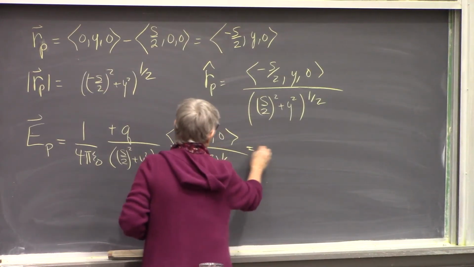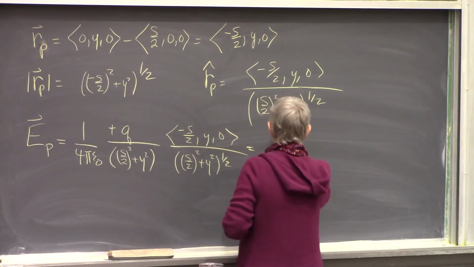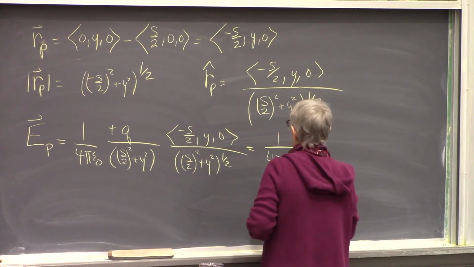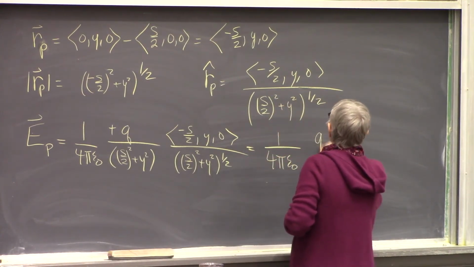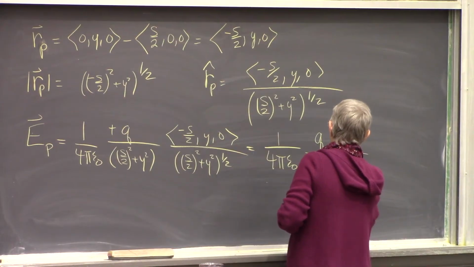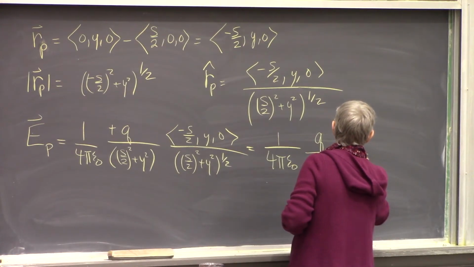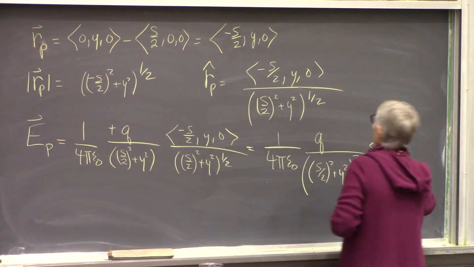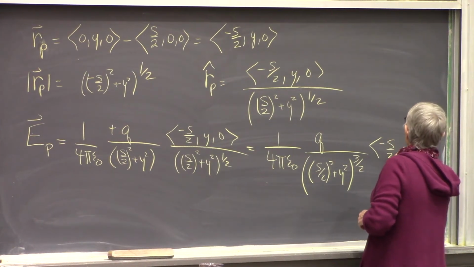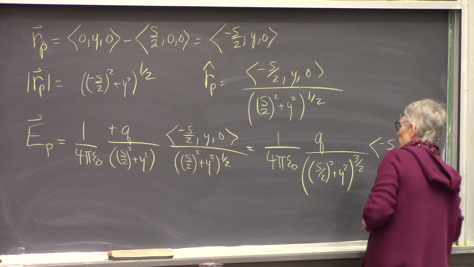And simplifying slightly, we get 1 over 4 pi epsilon 0 q over s over 2 squared plus y squared to the 3/2 times a minus s over 2, y, 0.